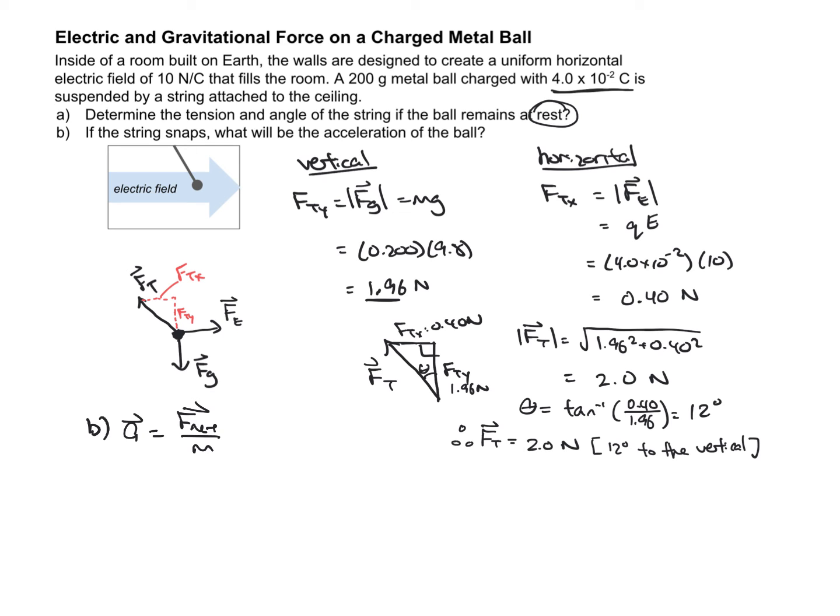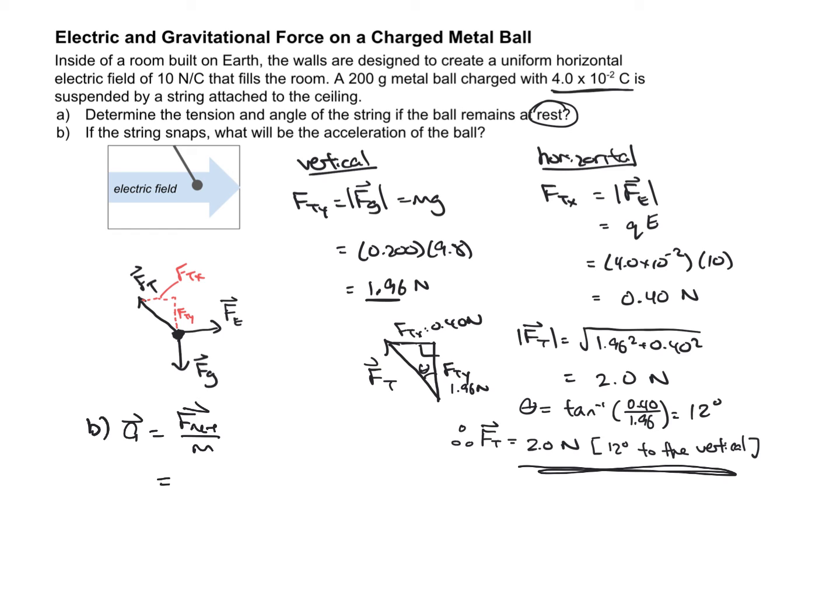Well, since the net force started at 0, if we suddenly remove this tension force, then the new net force is going to be the opposite of this tension force. It's going to be 2 newtons, 12 degrees to the vertical again, but down and to the right instead of up and to the left.